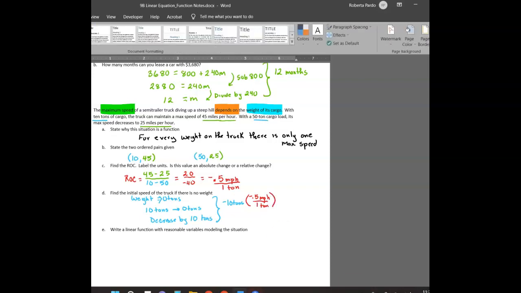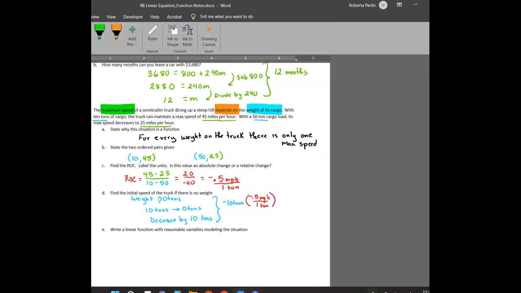And when we multiply those together, we will end up with 5 miles per hour faster. So the truck is going to go 5 miles per hour faster if we take off those 10 tons.